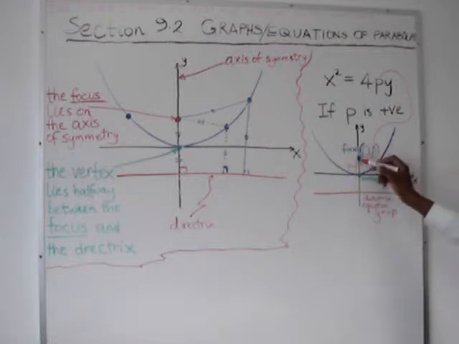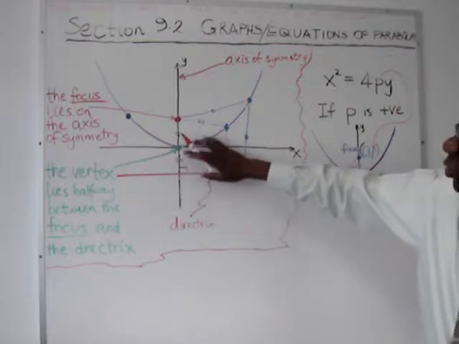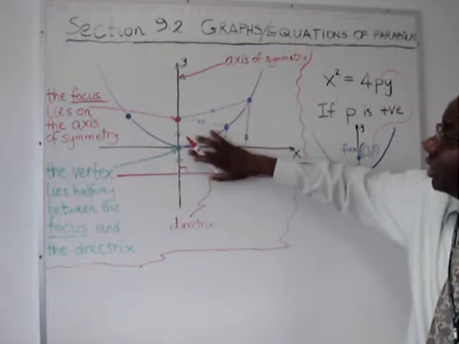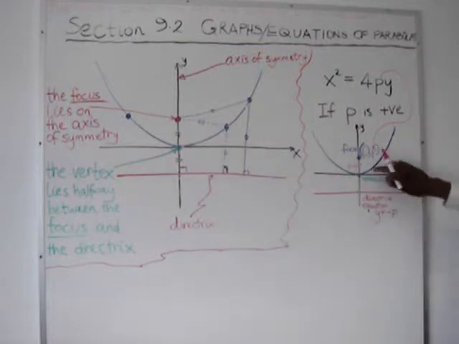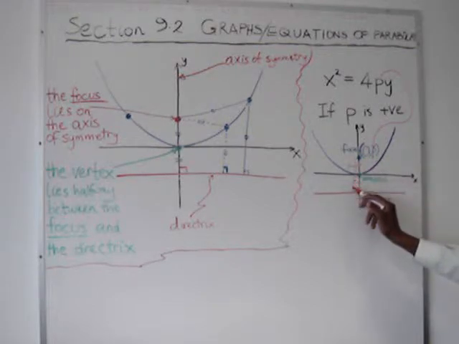Well, if that distance is P units, remember we said that the directrix is equidistant, I mean that any point on the parabola is the same distance from the focus as it is from the directrix. Well, the vertex is one point on the parabola, so if it's P units from the focus, then this also has to be P units.